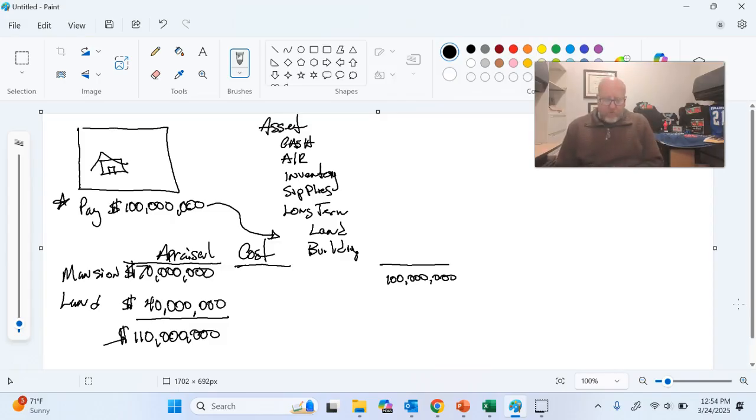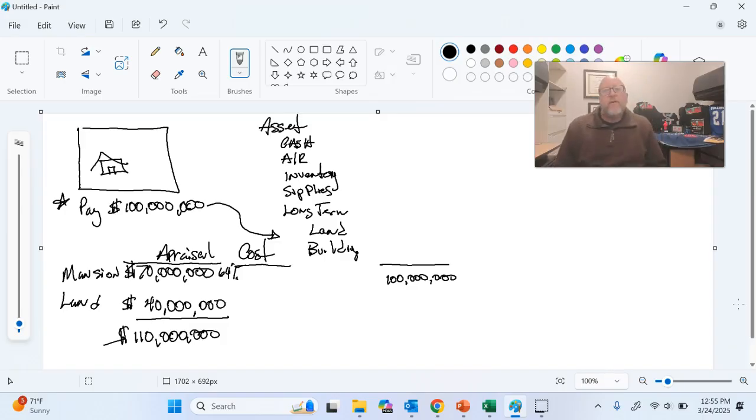If I open up my calculator, which will take me forever, I'm going to do it right now in real time: what percentage is 70 million divided by 110 million? I'm going to round to 64%.